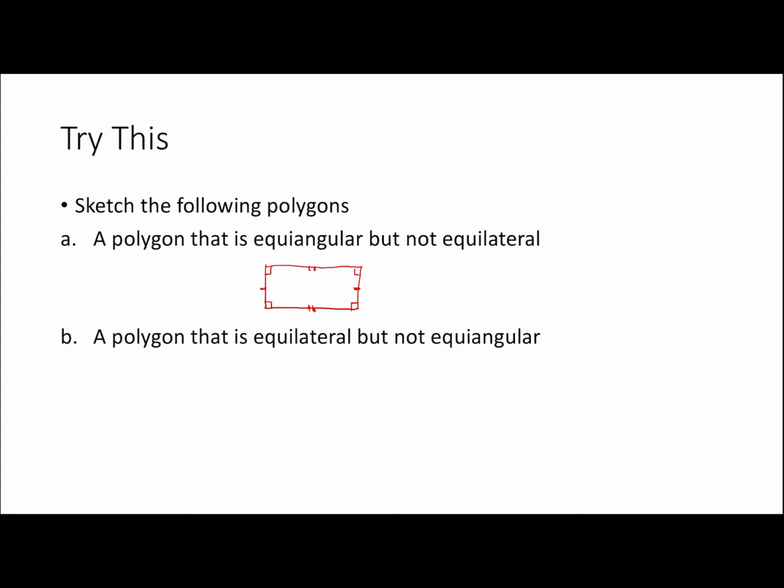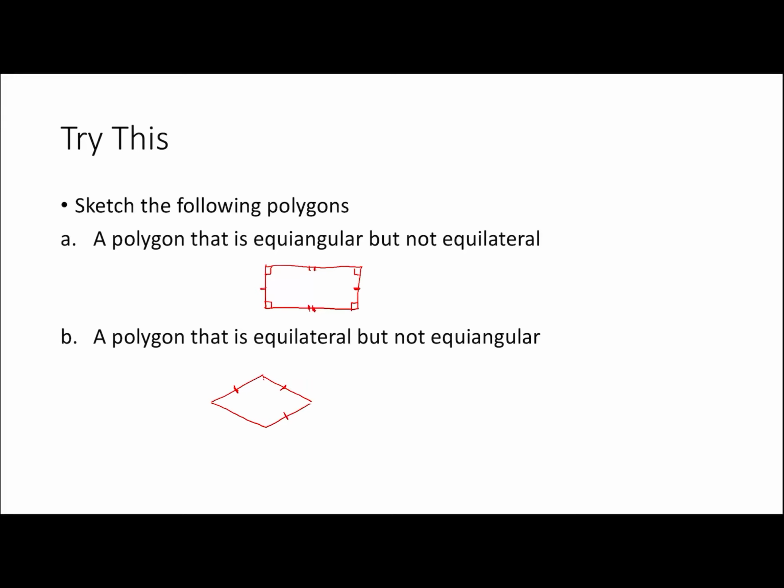And then for part B, a polygon that is equilateral but not equiangular, well, just the first thing that comes to my mind is a rhombus shape. So we're going to talk about a rhombus in a few minutes. A rhombus has the same side lengths, but it is not the same angle.